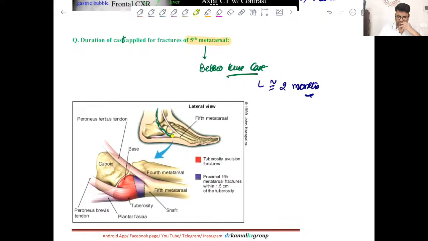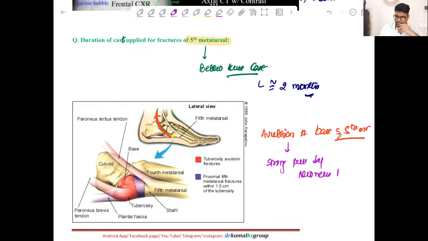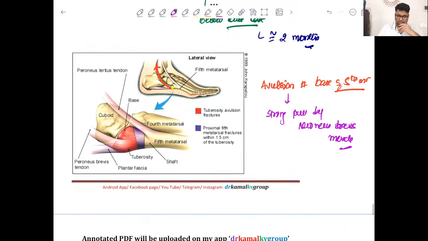So sometimes when this muscle tendon contracts vigorously, it can pull off a chip of the bone with itself, and that is known as avulsion fracture, right? So sometimes we can have avulsion fracture of the base of fifth metatarsal, and this can be because of strong pull by peroneus brevis muscle. Okay, so this is one possibility.